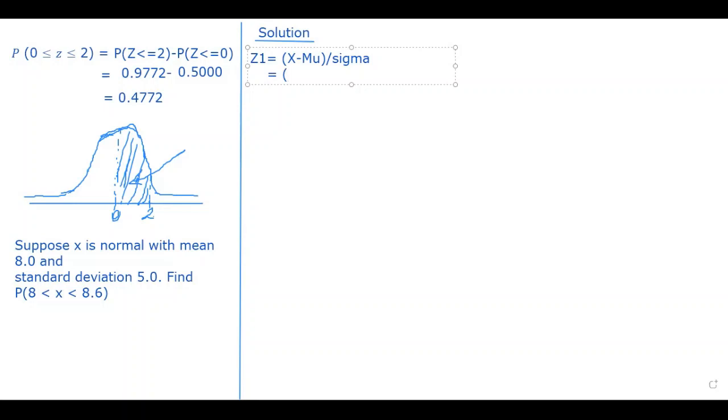So X is 8, minus mu, which is 8 from the question, divided by sigma, the standard deviation, which is 5.